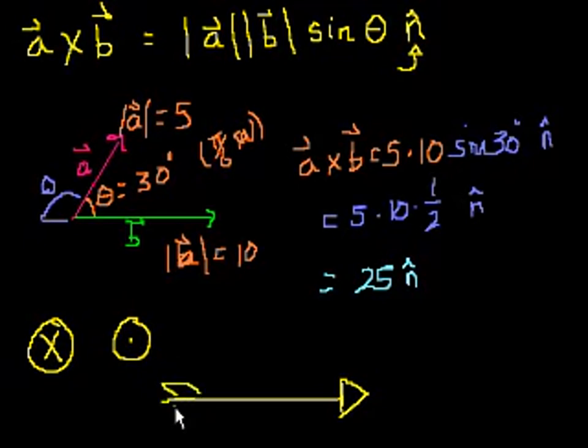There'd be one fin here, and another fin right there. So if you took this arrow and went into the page and just saw the back of the arrow, it would look like that. So this is a vector that's going into the page, and this is a vector that's going out of the page. So we know that n is perpendicular to both A and B.